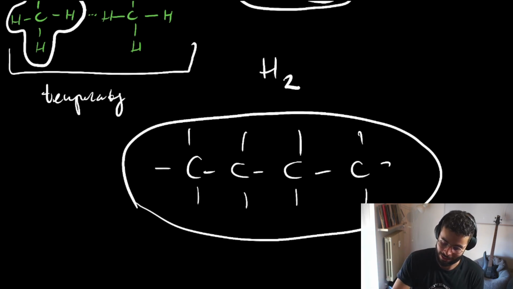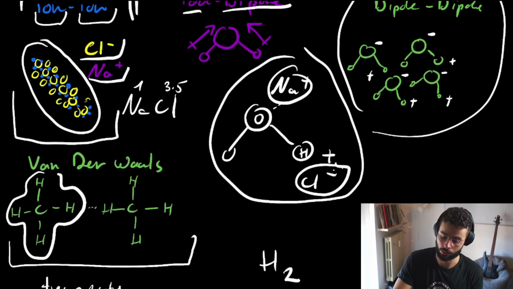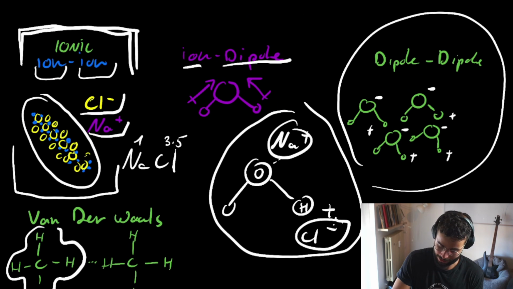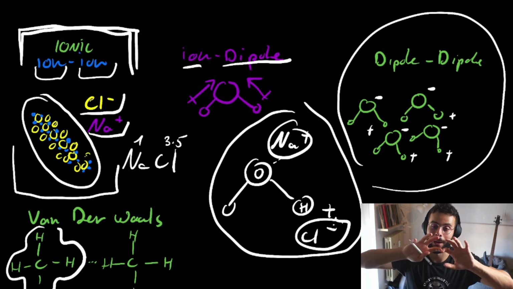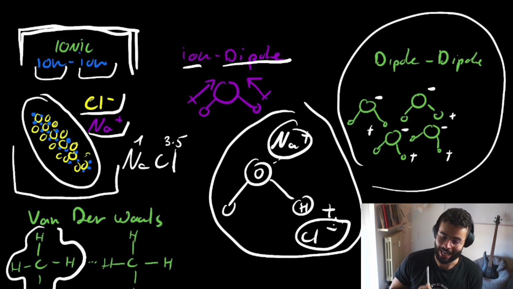So how does it affect anything that I'm talking about? It matters because the stronger the intermolecular forces, the more energy you will need to spend in order to break them, and the higher the boiling point and the melting point will be. This is why it is so important to remember.